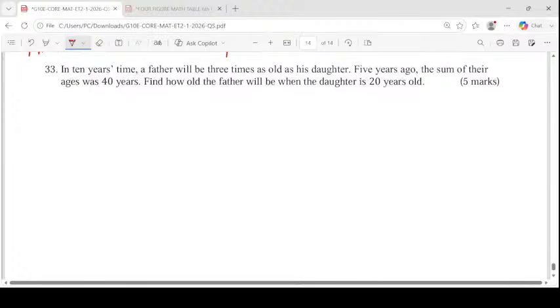Last question. We are having the last question of our discussion. In 10 years' time, a father will be 3 times as old as his daughter. 5 years ago, the sum of their ages was 40 years. Find how old the father will be when the daughter is 20 years old.